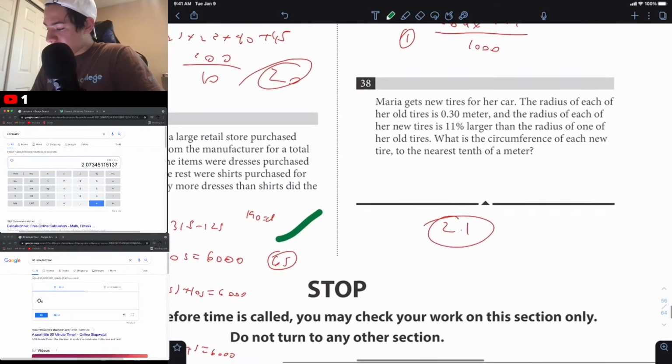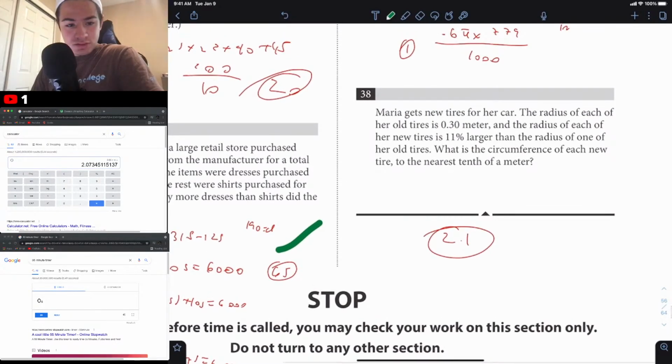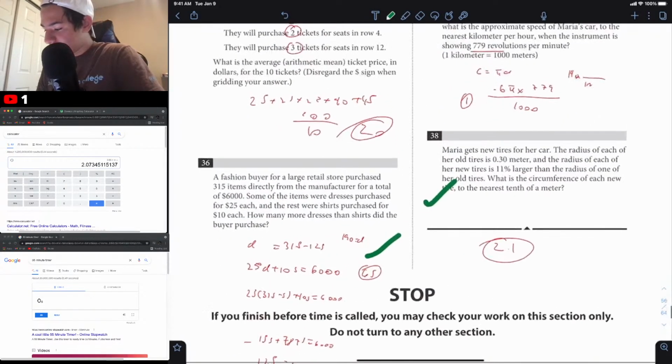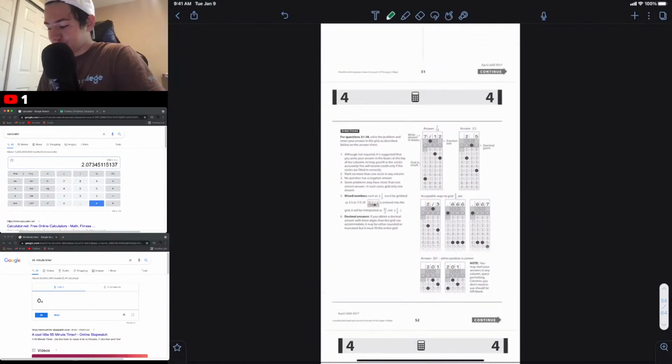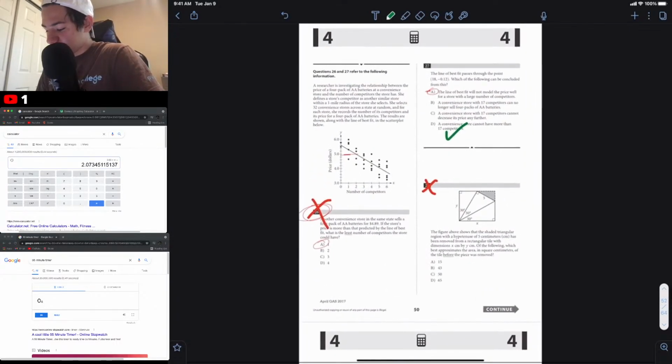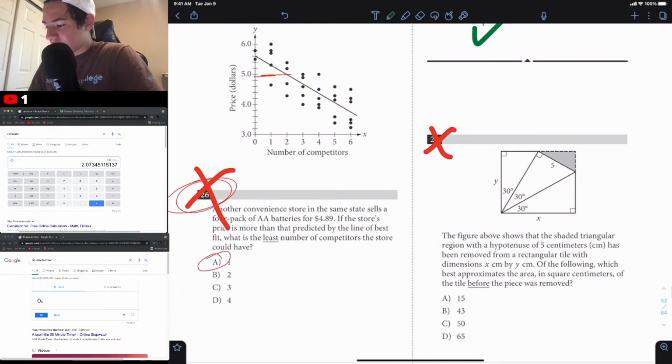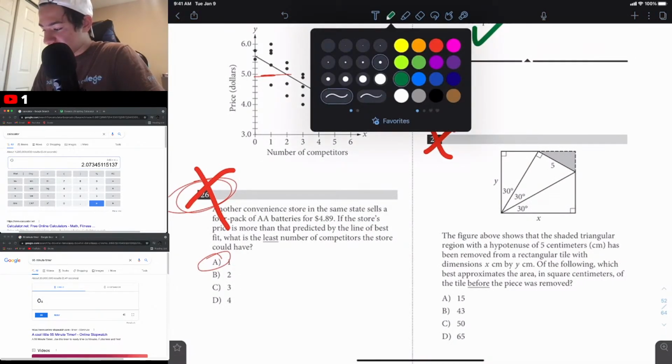Nope. And it is 2.1. Wow. That was very bad. I'm not sure what happened here. So they're saying this answer was C.